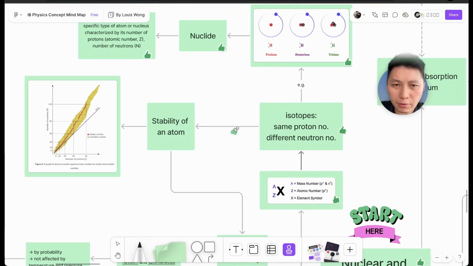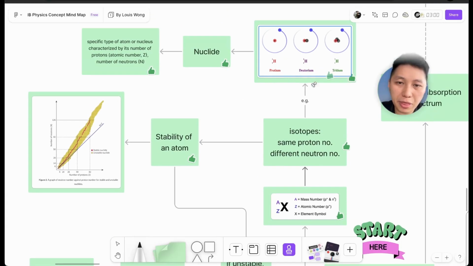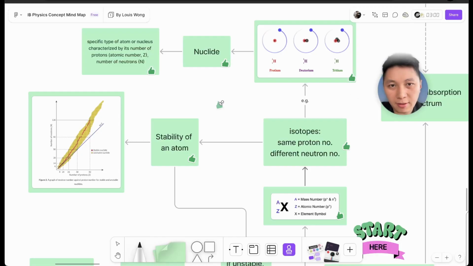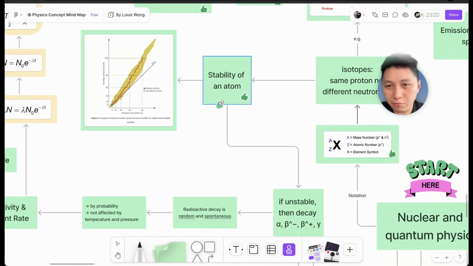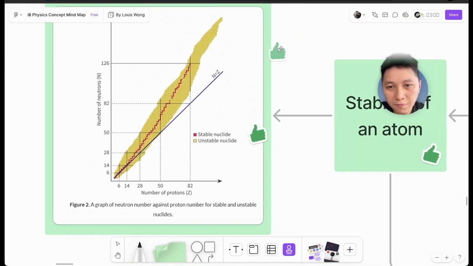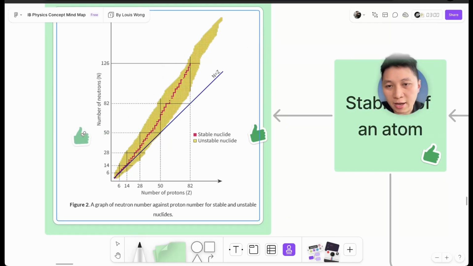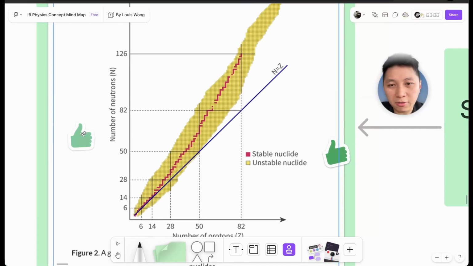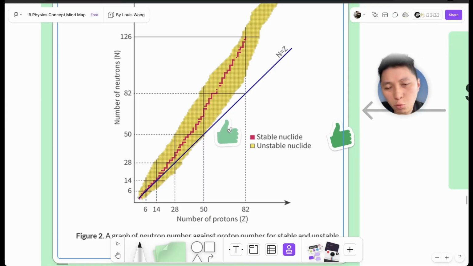When we talk about isotope, then we certainly will talk about stability. For example, hydrogen 2 and 3 are not stable, and therefore they would eventually become hydrogen 1. There's a diagram you need to recall in terms of stability, and you also need to know how to read it. You might be shown how they may have different decay: alpha, beta, and gamma, etc. You can see that the line where neutron number equals proton number is somewhat below what is actually happening.